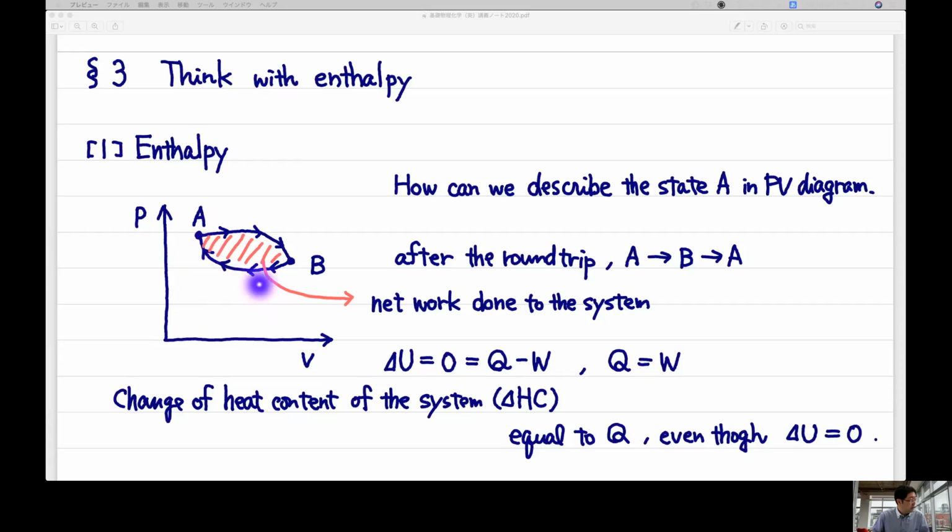And here you can see the area. This area shows the net work done to the system.